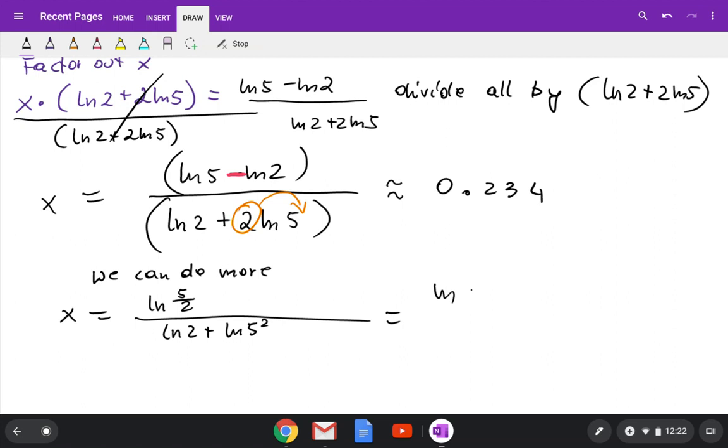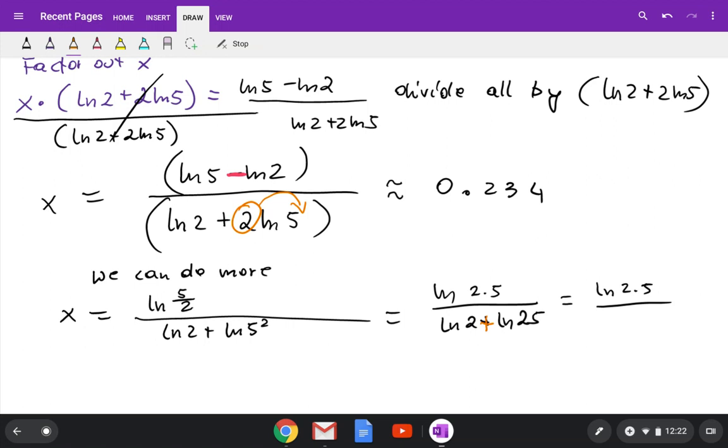Ln of 5 divided by 2, this is just 2.5, over ln of 2 plus ln of 25, because 5 to the second power is 25. And we can simplify that better as ln of 2.5 over, hopefully we remember, the sum of logs is equal to the log of the product.